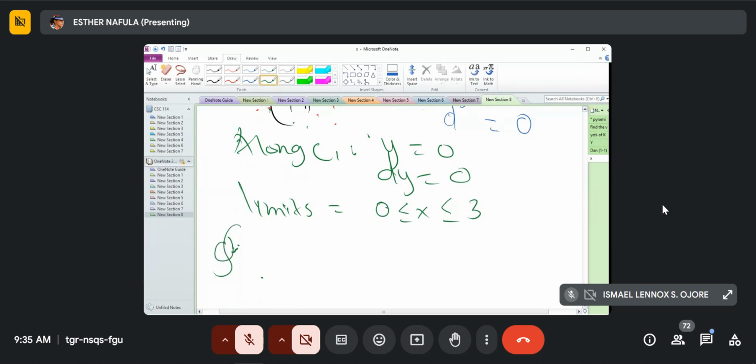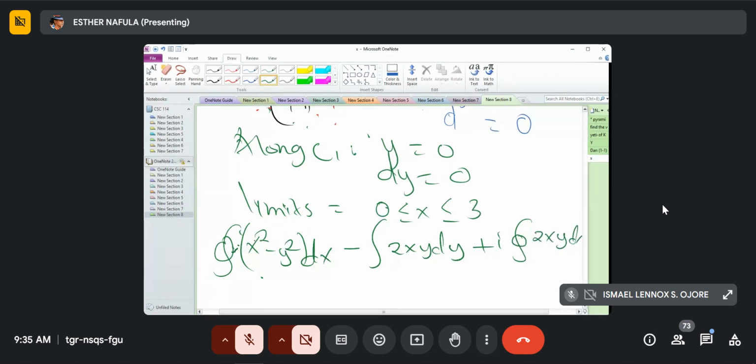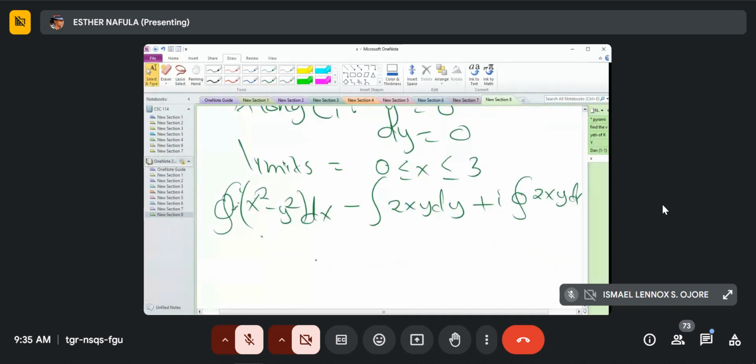We were supposed to evaluate the integral of x squared minus y squared dx, minus the integral of 2xy dy, plus i times the integral of 2xy dx, plus the i is affecting this last term, x squared minus y squared dy.